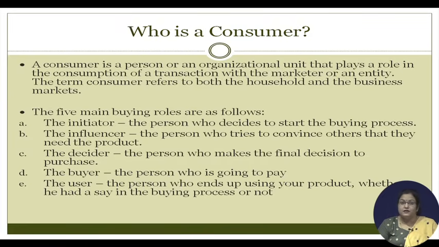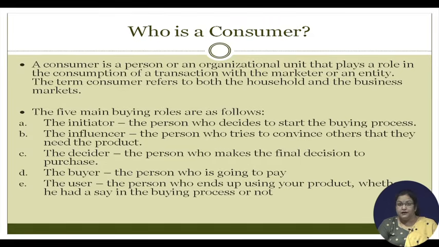Then he can influence the mother or the father that a certain brand is good. Finally, it is the decider. It may be the father who is taking the decision which brand he is going to buy. It may be Ravi's brother himself who is the decider of which brand he is going to buy. So, the decider is the person who takes the final call of which brand or which product to purchase.